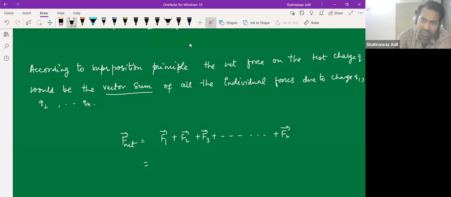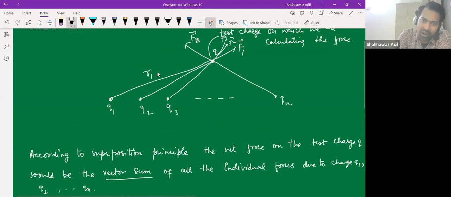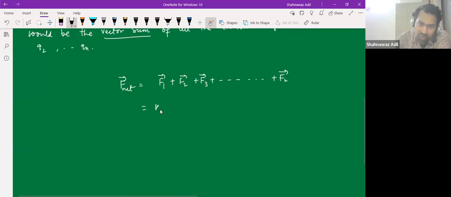Yeah, it was good. Okay, so F1 would be how much? k Q q1 over r1 squared, right? So that would be the magnitude, and r1 hat is the direction.